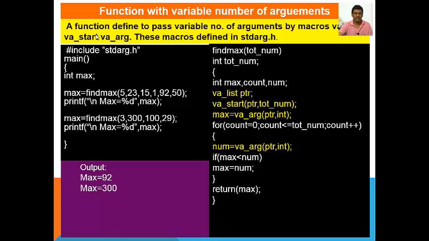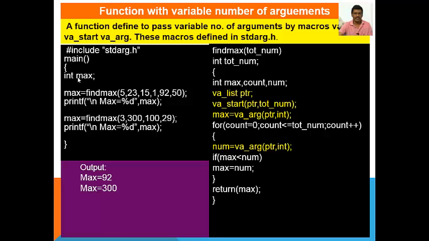By using these macros, we can pass different numbers of arguments to the same function. Like find max, here it passes 6 arguments, and here only 4 arguments. These 3 macros are defined in the stdarg.h header, so we must include that header file.